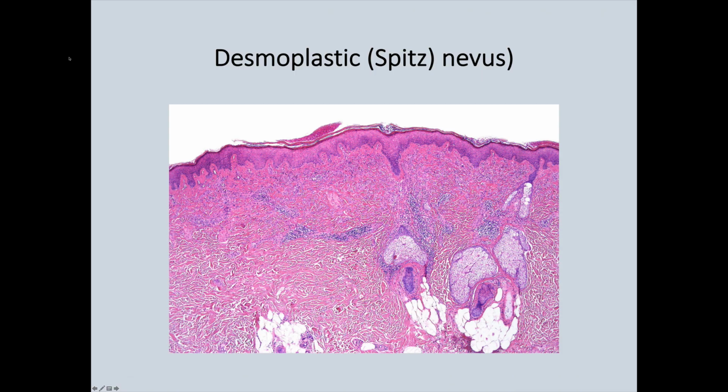And so I want to talk briefly about Desmoplastic nevus, particularly Desmoplastic Spitz nevus. Now, I don't know how common it is really, because when you talk about incidence, what you're really saying is the incidence that one encounters in patients who go to the doctor in the first place.